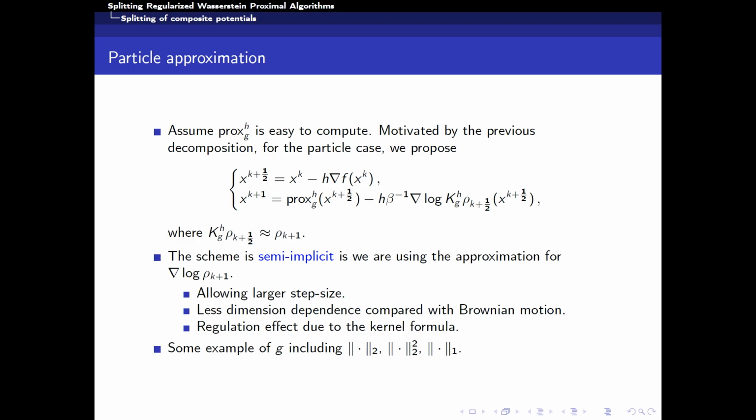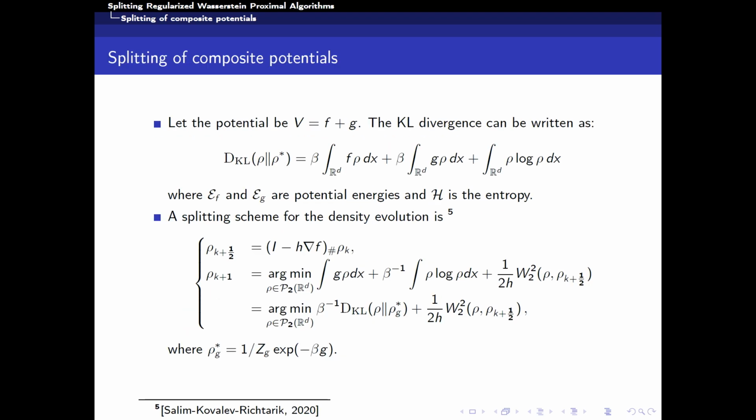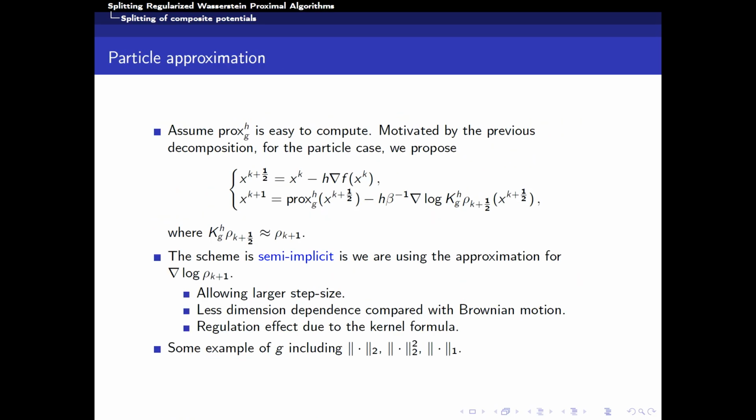And once we have this iteration at the density level, the next thing we can do is think about what happens at the particle level, because we are trying to propose some kind of particle algorithm to draw samples from the target distribution.